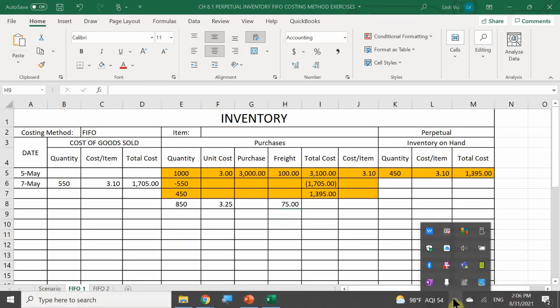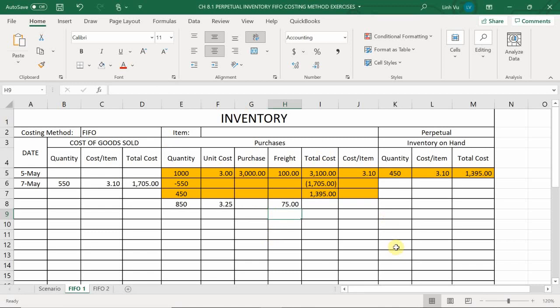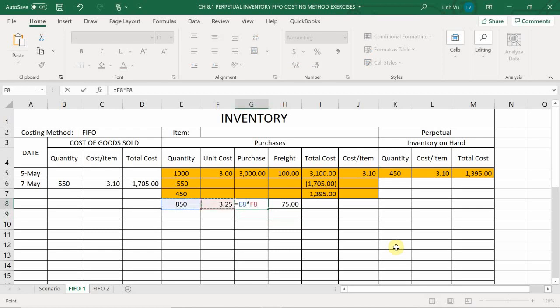Now let's calculate what my total purchases is. $2,762.50.